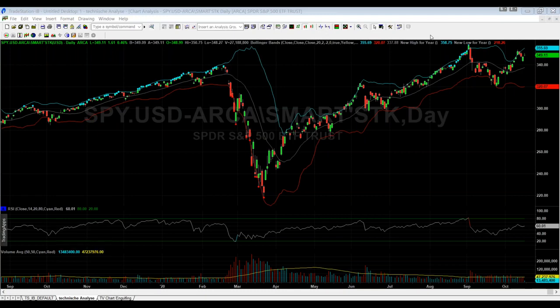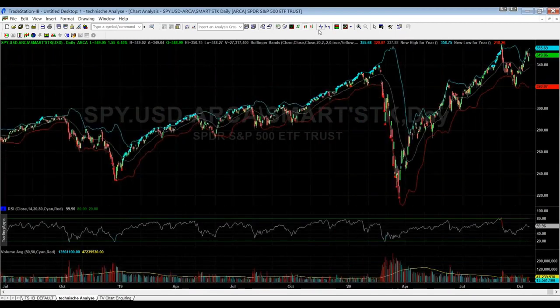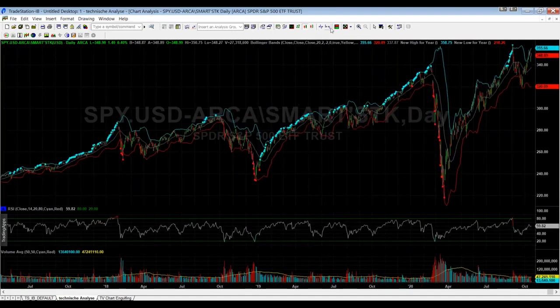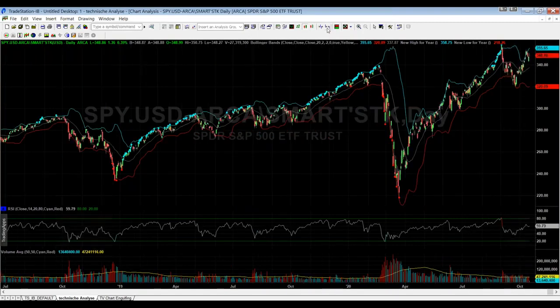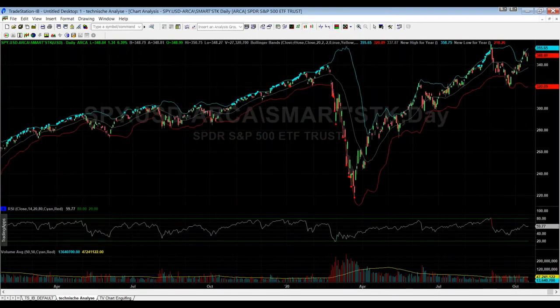And like I said in the beginning, I think it's easier to use very simple tools like horizontal lines, where you can see the last local highs or support lines.